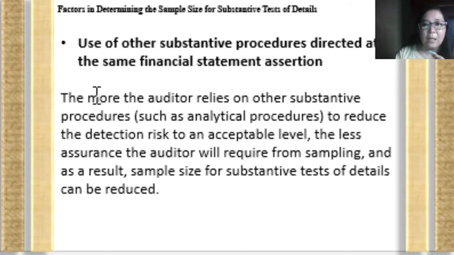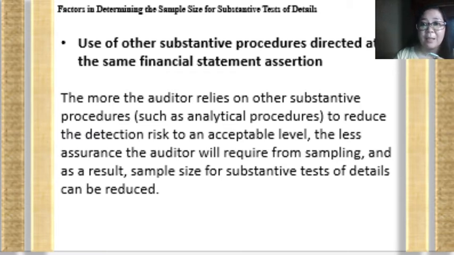But again, the sample size for substantive test can be reduced because the substantive procedures are added. Meaning if the auditor will perform additional substantive procedures, then he can reduce his sample size, because the reduced amount of sample size can be compensated with additional substantive procedures that the auditor will perform in gathering audit evidence.